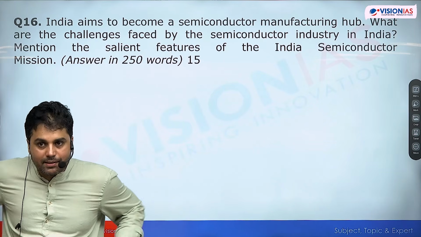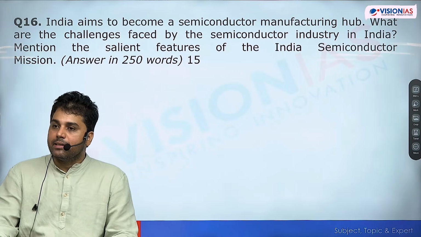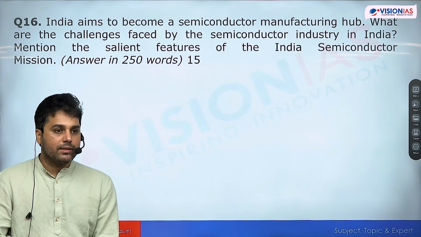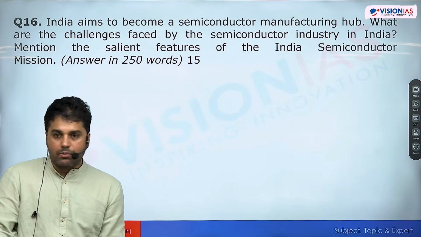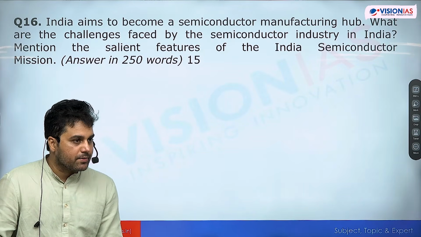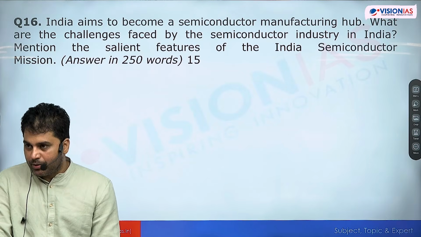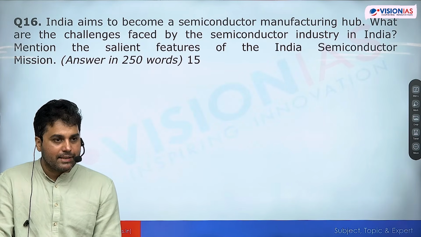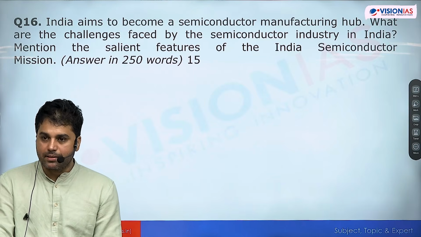So semiconductors are behind the revolution in modern electronics. And what is the status in India? Do we use a lot of electronics? Of course we do. Do we make a lot of electronics? No. 90% of all electronics is essentially imported.